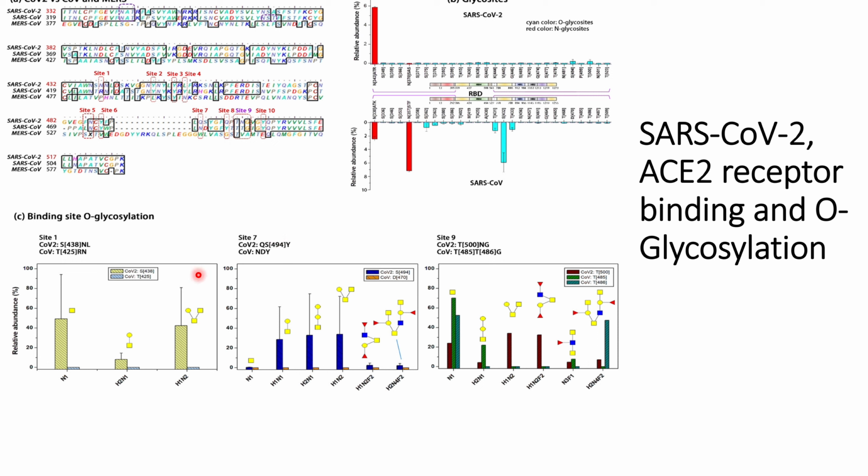One of the reasons this study shows is that O-glycosylation near the receptor binding motif might help in the attachment of the SARS-CoV-2 virus to the ACE2 receptor on the cells.